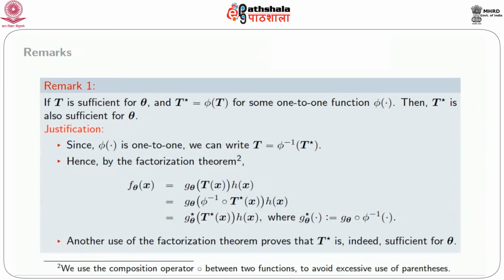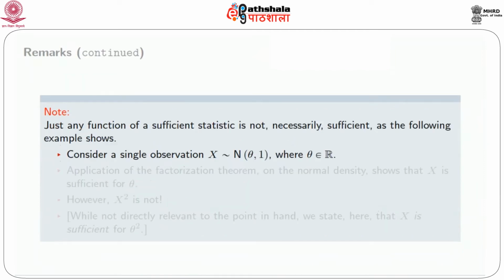Now, using the sufficiency part of the factorization theorem, we see that the function T star is sufficient for theta.